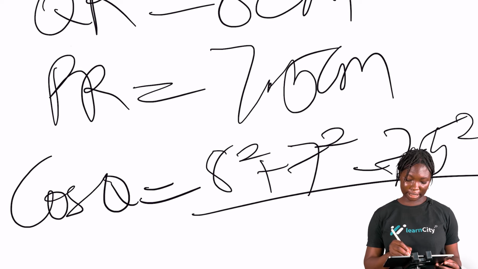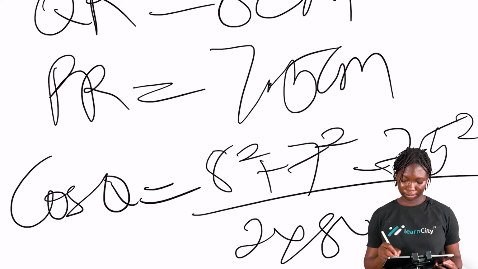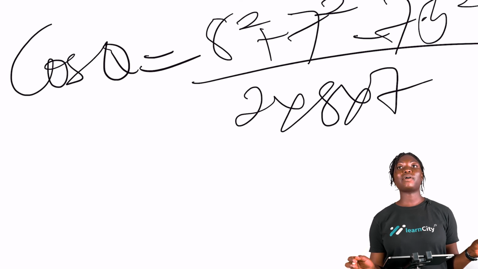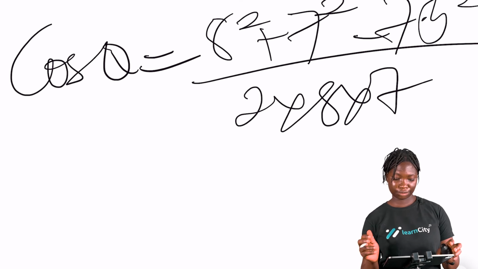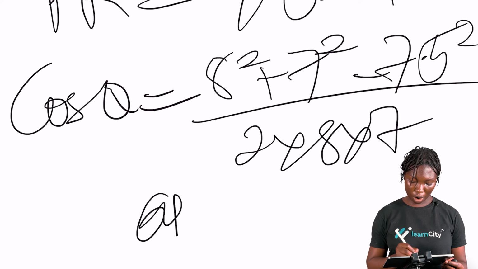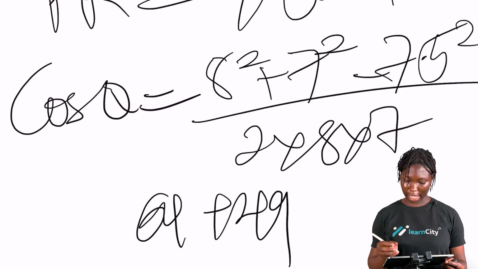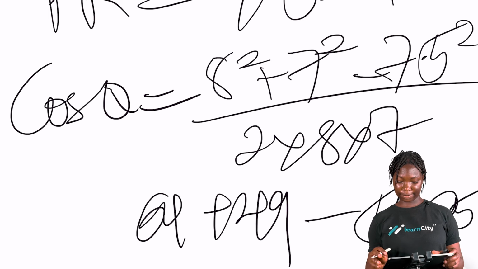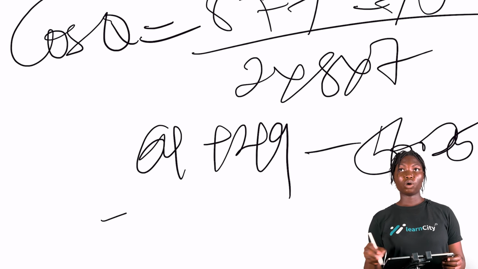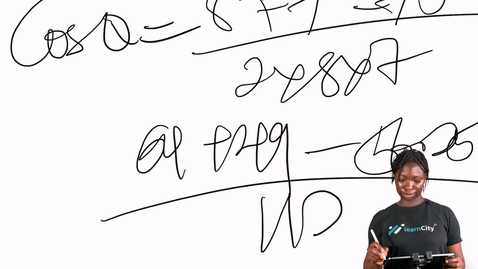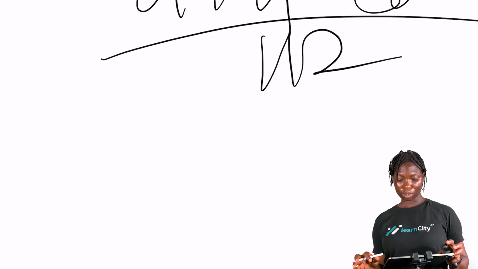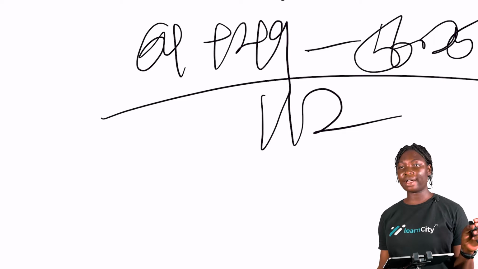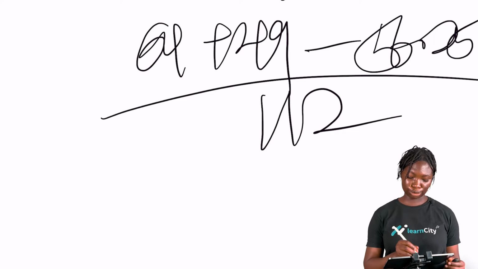So here we have 64 plus 49 minus 56.25 over 112, so we have 56.75 over 112.